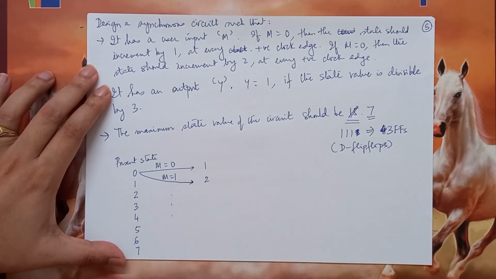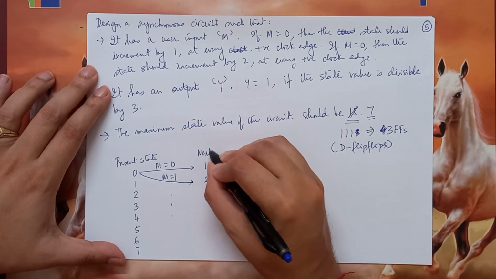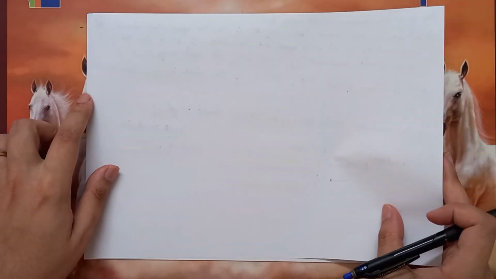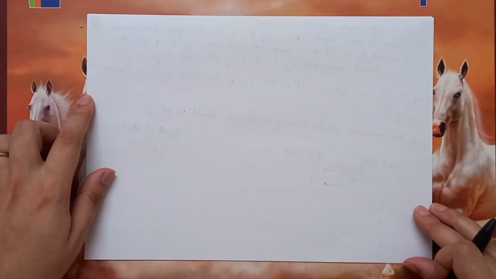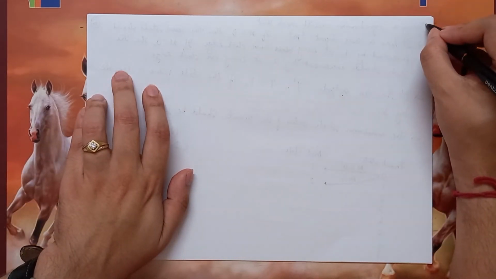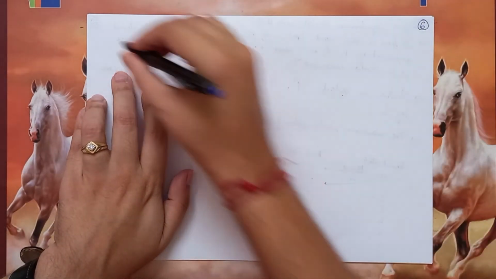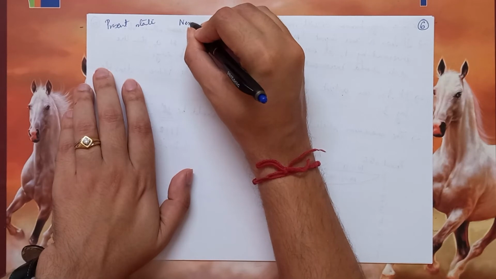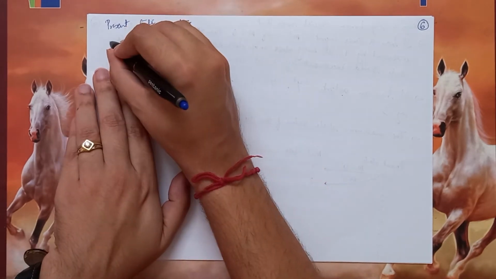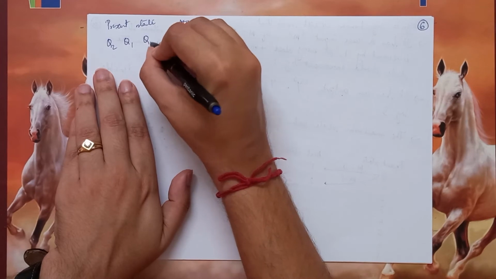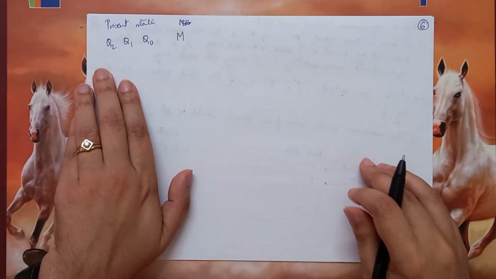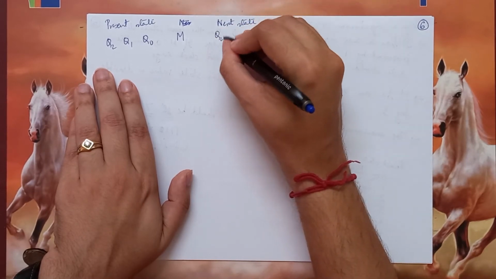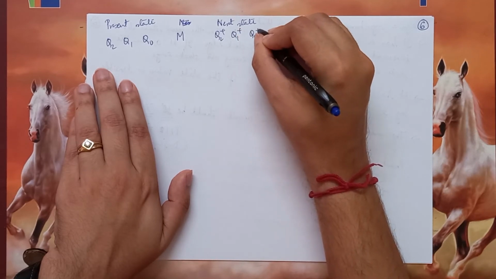So like this we are going to fill up our table. Let's call this Q2, Q1 and Q0. Now I need to specify what is M, because that will tell me what is the next state. That is Q2 plus, Q1 plus and Q0 plus.